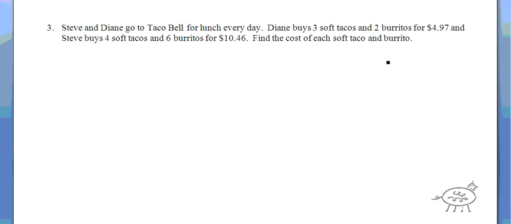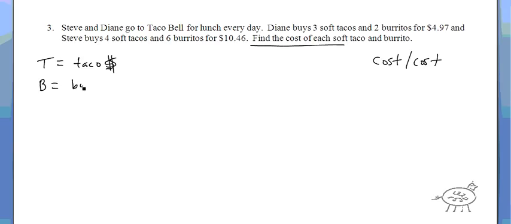So the first thing we're going to say is T is equal to the taco cost, because it says find the cost of each, and B equals burrito cost.